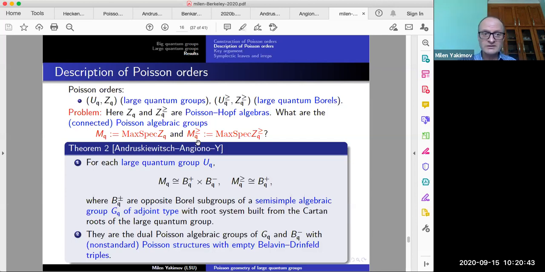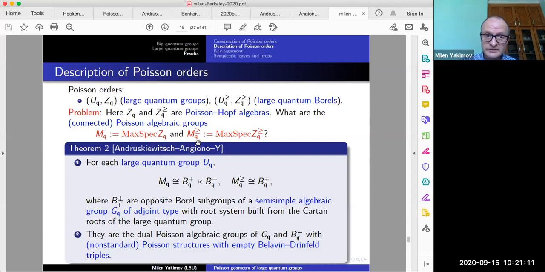So the first part is that if you have any large quantum group, the spectrum MQ of ZQ is simply a product of two Borel subgroups of a certain semi-simple algebraic group GQ of adjoint type. And the second part is that the spectrum of this subalgebra of the Borel, ZQ greater or equal than 0, is precisely the Borel subgroup of this group GQ.